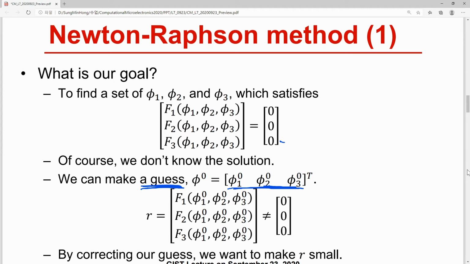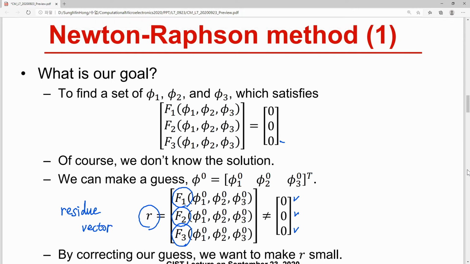But even when you carefully design this initial guess, when you evaluate F1, F2, and F3, there is no guarantee that you have all 0, 0, 0. Your R vector is frequently called the residue vector.